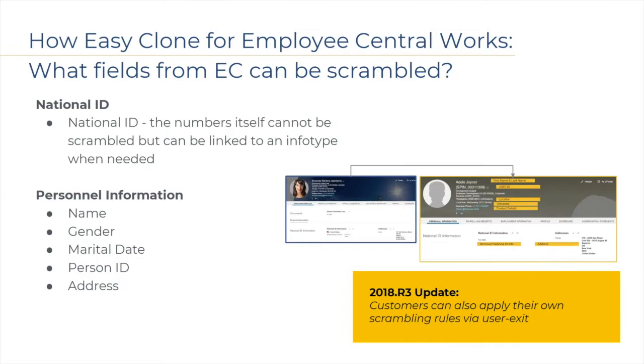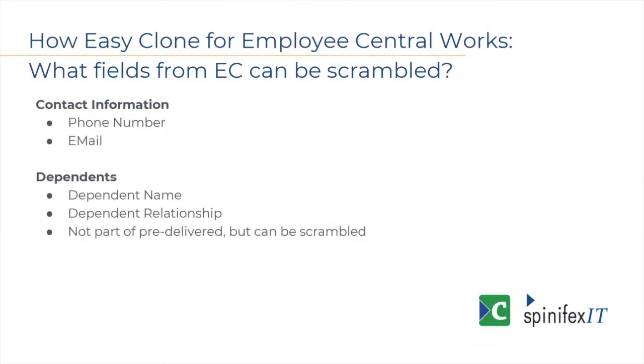Plus, as you can see in the gold box, the software was enhanced in late 2018 to allow customers to devise their own Employee Central scramble rules that will allow you to scramble perhaps custom data that you have built into Employee Central. And this slide continues just with a few more of those fields that by default we will scramble for you.